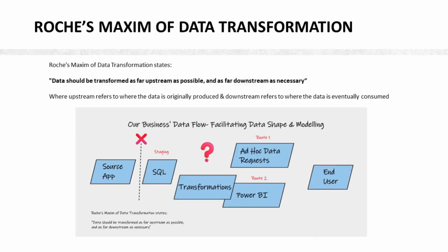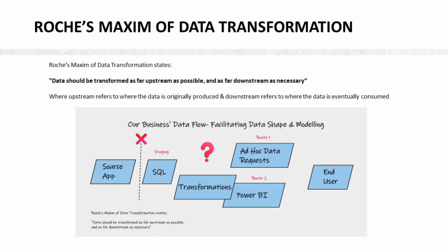So Roche's maxim of data transformation is very helpful. Maybe you already do this out of common sense or inherently, but to go over this, it states that data should be transformed as far upstream as possible and as far downstream as necessary.